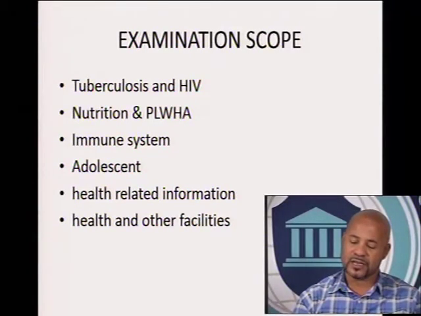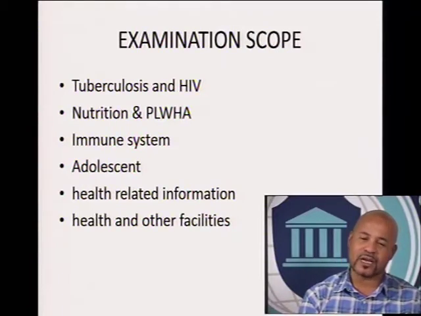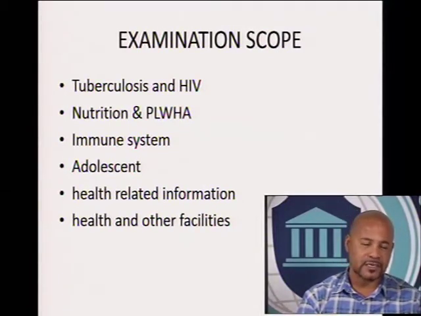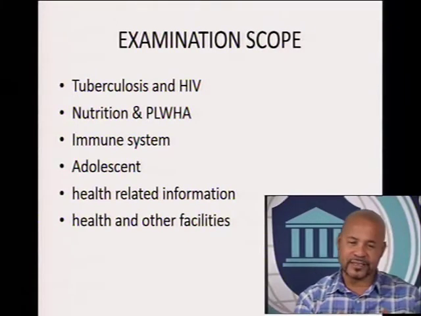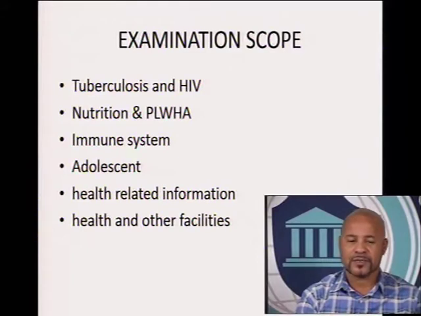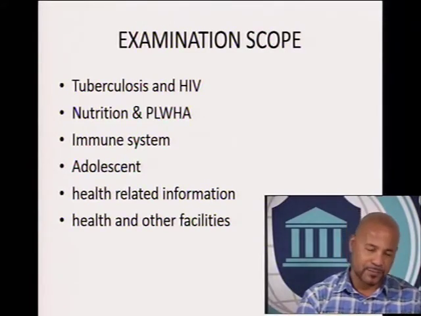Then, of course, as I say, health education covers a number of subjects and themes. It's not just looking at the disease itself and at the function of your body, but it also covers the whole issue of adolescents, young people.